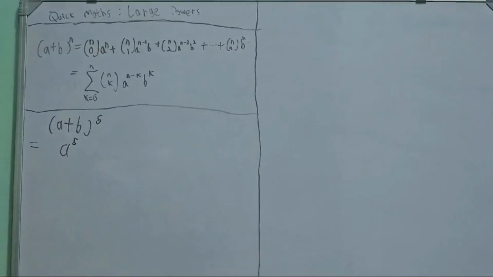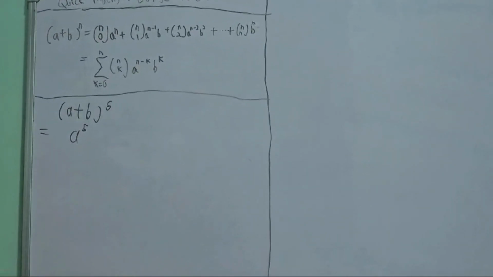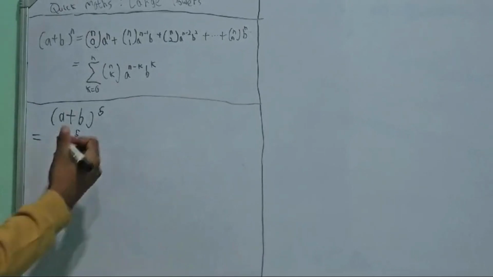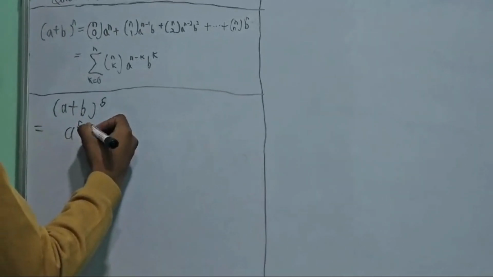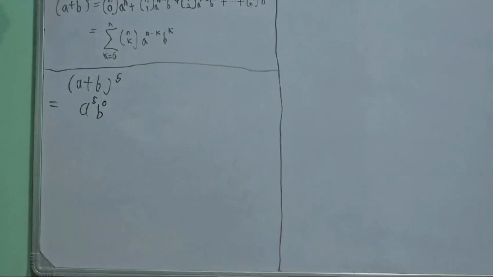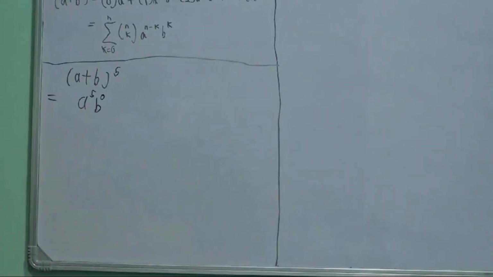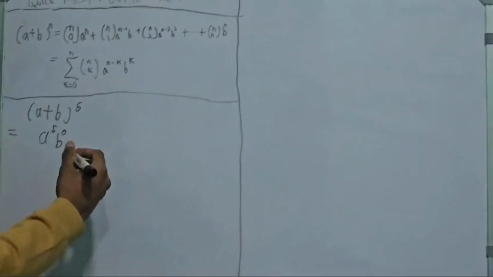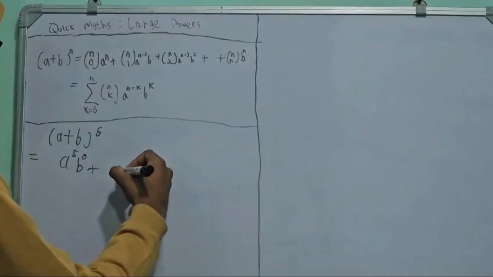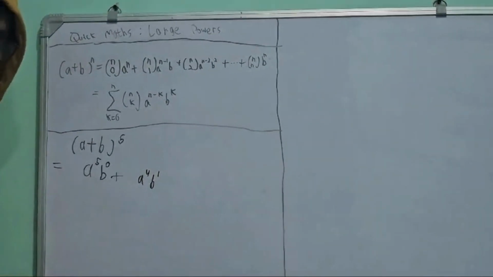And every next term that we go, we'll decrease the power of a by 1 and increase the power of b by 1. You can think of this as being a to the 5 into b to the power 0, as anything to the power 0 is just 1. So for the next term, we decrease a by 1 and increase b by 1, so our variable part will be a to the 4, b to the 1.